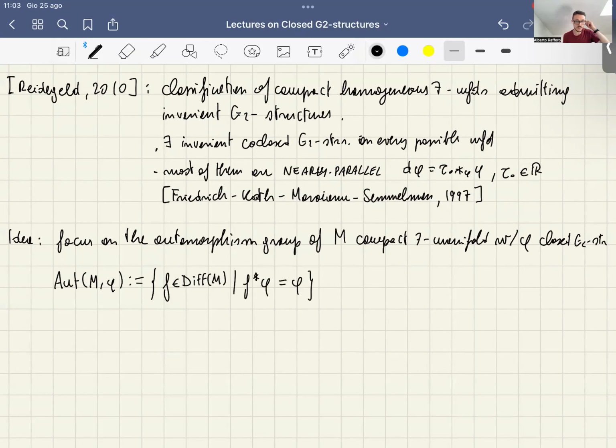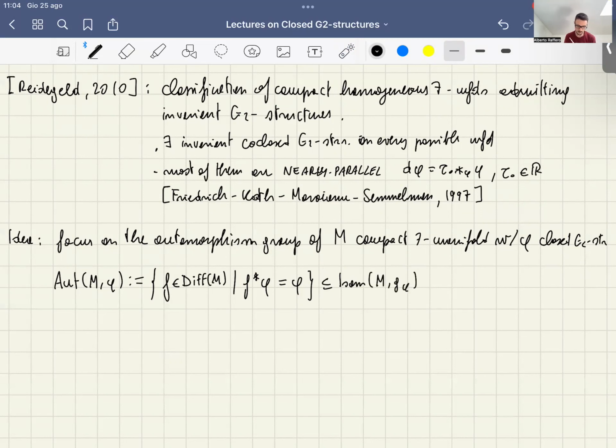Clearly, since the G2 structure φ induces a Riemannian metric, any diffeomorphism preserving the three-form will also preserve the Riemannian metric it induces, and so in particular it will be an isometry of the Riemannian metric gφ.